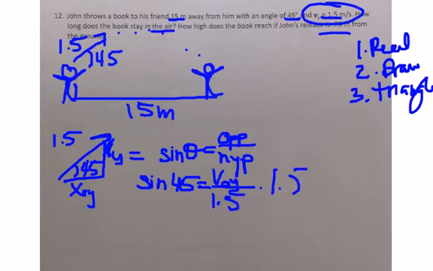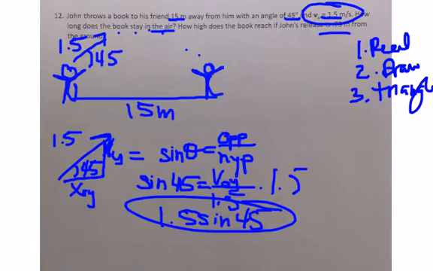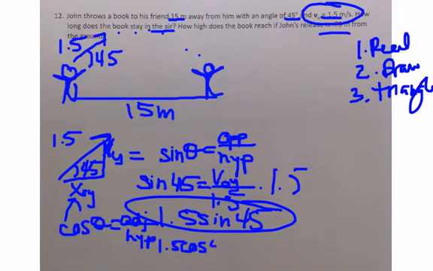Multiply by 1.5 on both sides, we get 1.5 sine 45. And then we know that for this, it's just the cosine version of that. So it'd be 1.5 cosine 45.